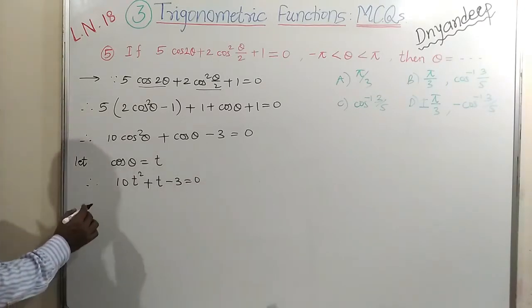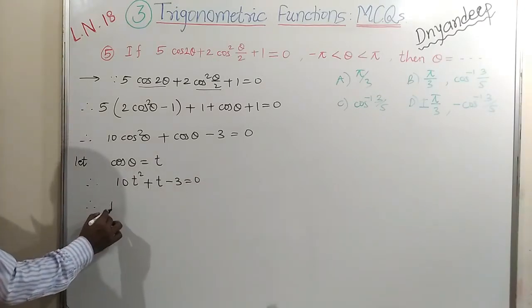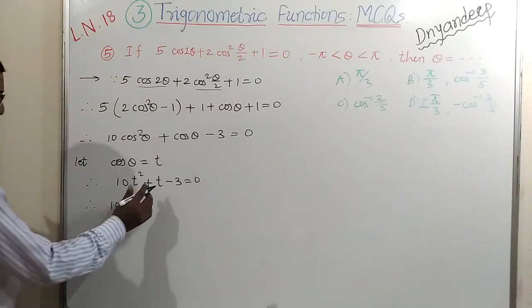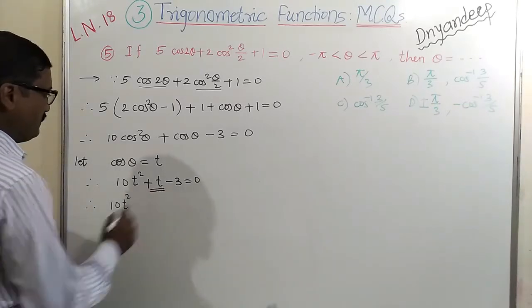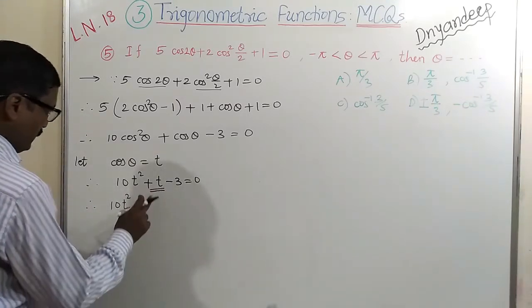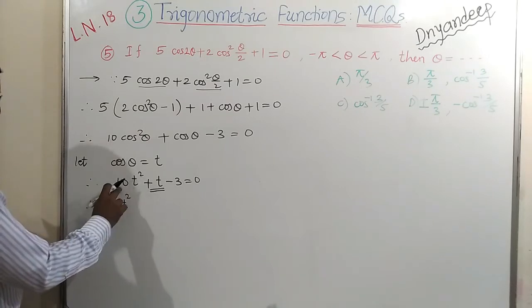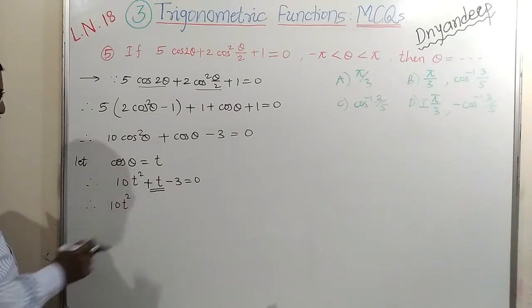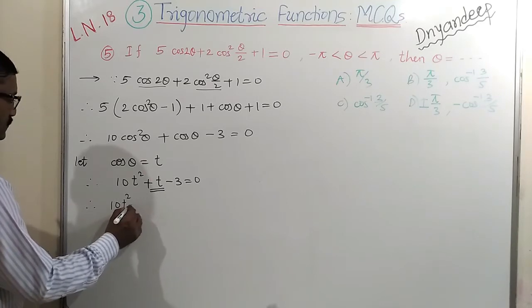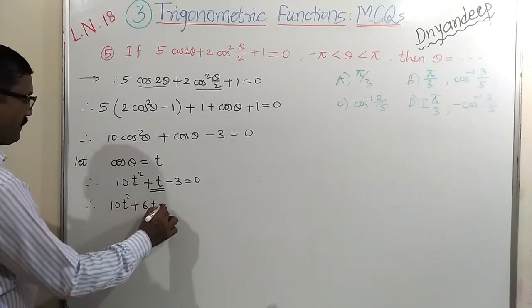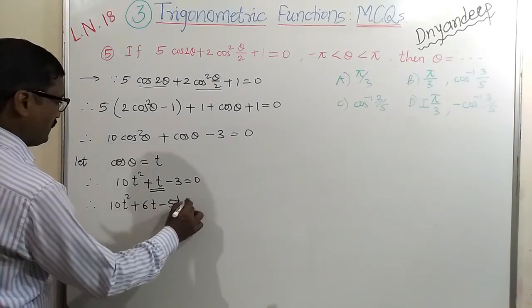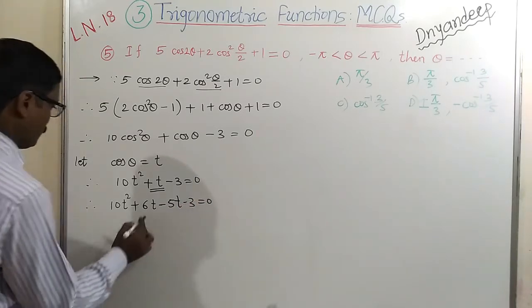That's a quadratic equation. Therefore, its factors: the factors of this t will be minus 6 and plus 5, because multiplication should be minus 30 and addition should be plus 1. So 10 t square plus 6t minus 5t minus 3 equal to 0.